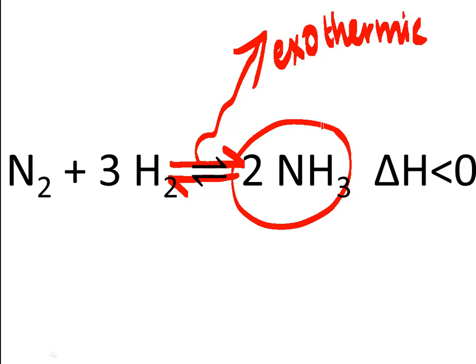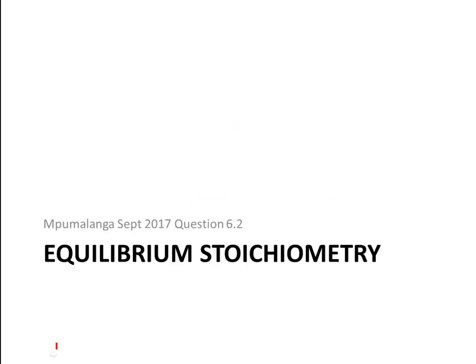And that can all be explained in terms of Le Chatelier's principle because cooling the system down favors the exothermic reaction, which is the forward reaction, as the system tries to counteract the cooling disturbance imposed on it.